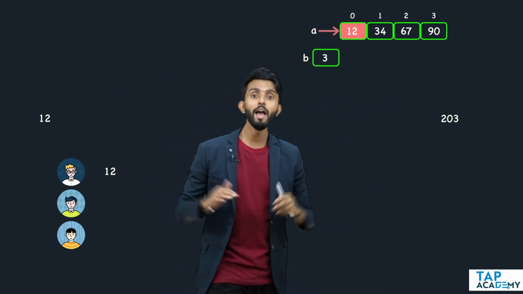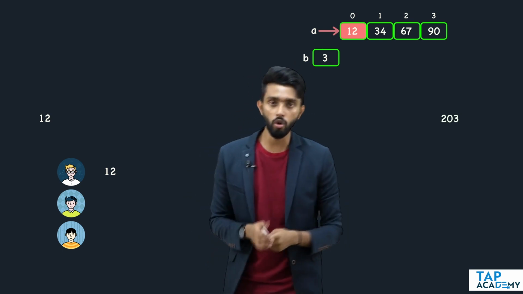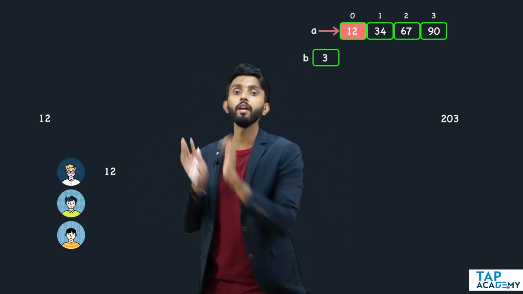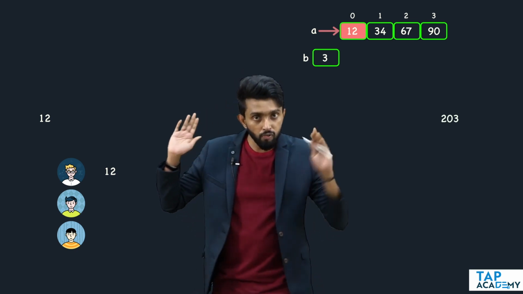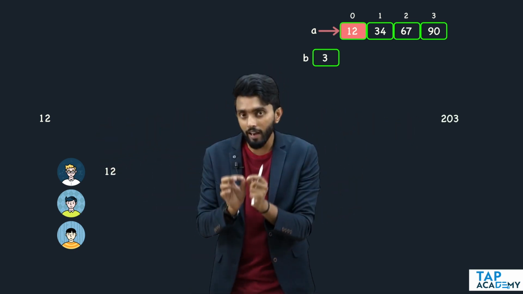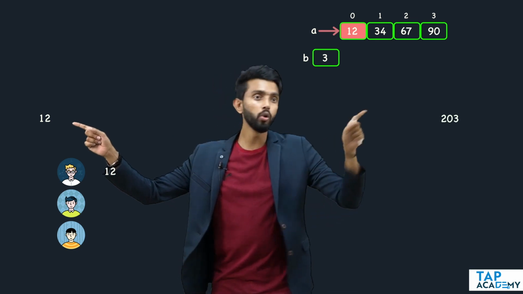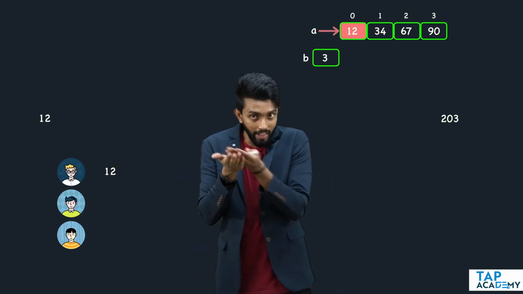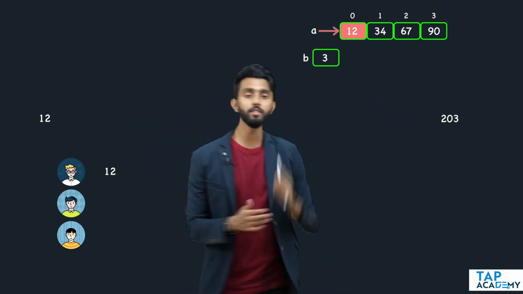Now, would you agree? The total number of pages which may be allocated to a person will fall within the range of 12 to 203. Common sense, the range will be between 12 to 203.